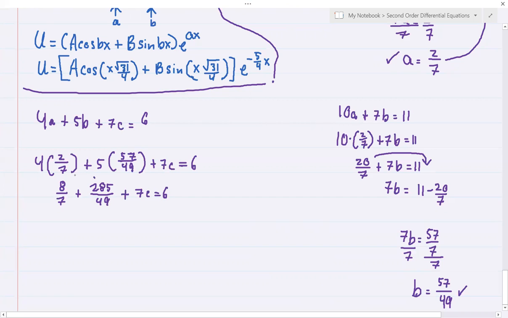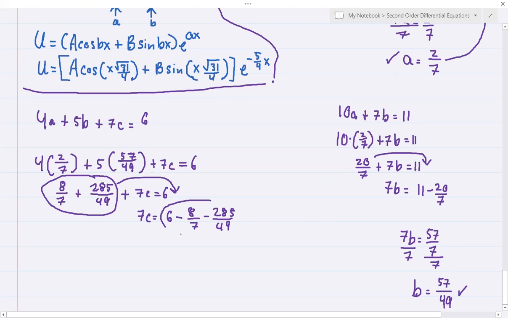Now what we're going to do is transpose these terms on the right side. So we will have 7c is equal to 6 minus 8 all over 7 minus 285 all over 49. What we're going to do here is make this a whole fraction.